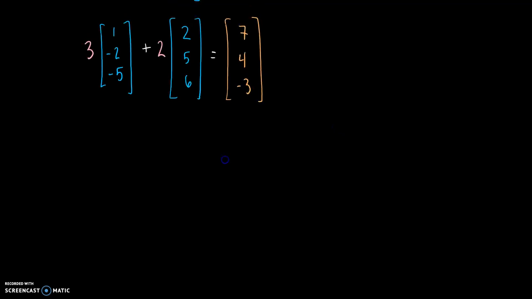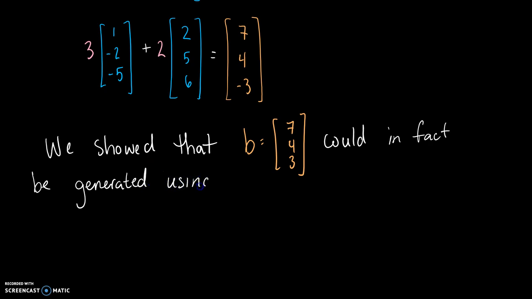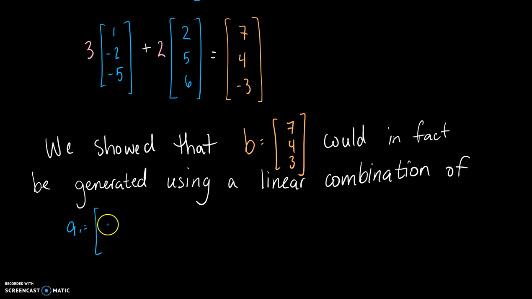We showed that B is equal to 7, 4, and -3 could in fact be generated using a linear combination of A1 is equal to 1, -2, -5, and A2 is equal to 2, 5, 6.